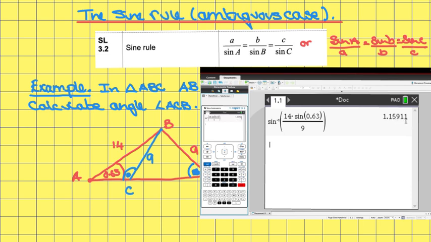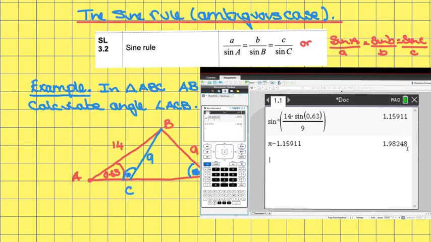So I've got an angle size of 1.15911 radians. Right, my second angle is always at pi minus that. So go to pi minus 1.15911. Press enter. So my second angle is 1.98248 radians.